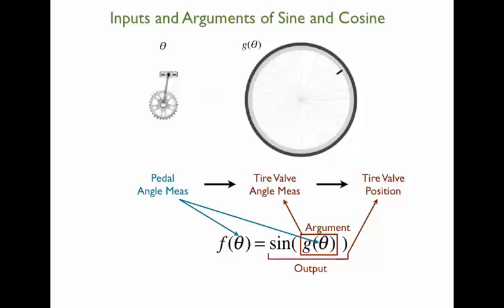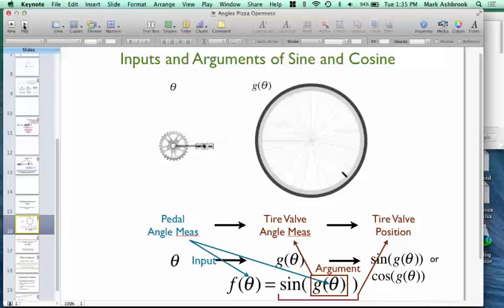Change that to sine theta, and we'll say that the tire valve on the wheel is pi over 3 radians counterclockwise from 3 o'clock. So I'll show you that with my animation here. So change it, we're going to use sine.